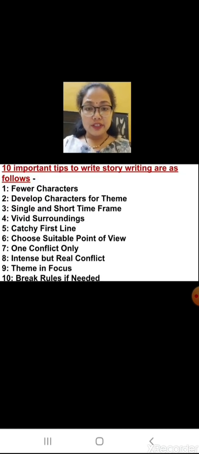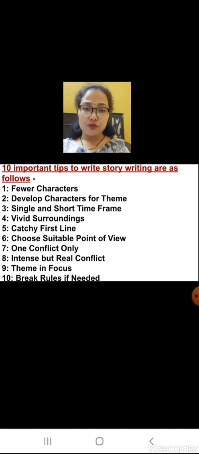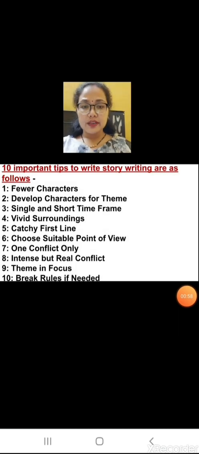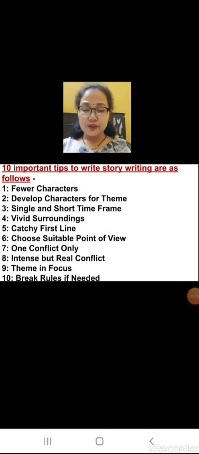Now let us come to the 10 important tips to write a story. The first one is you have to keep fewer characters. Second, develop characters for theme. Third, single and short time frame. Fourth, vivid surroundings.